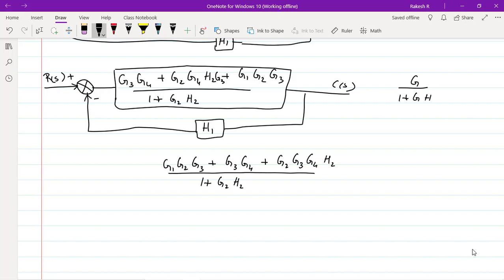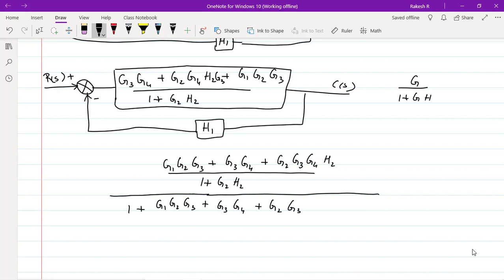Right, this is the complete G part divided by 1 plus GH here. That is G1 G2 G3 plus G3 G4 plus G2 G3 G4 H2 whole divided by 1 plus G2 H2 here.